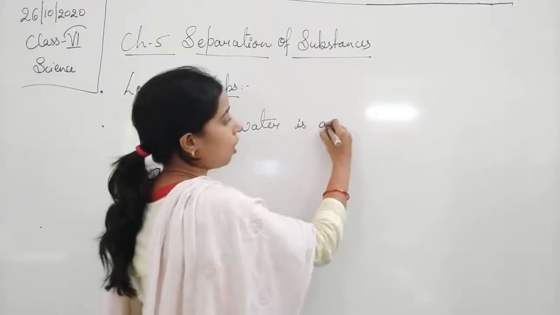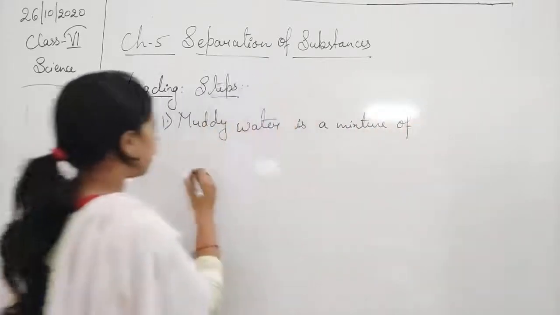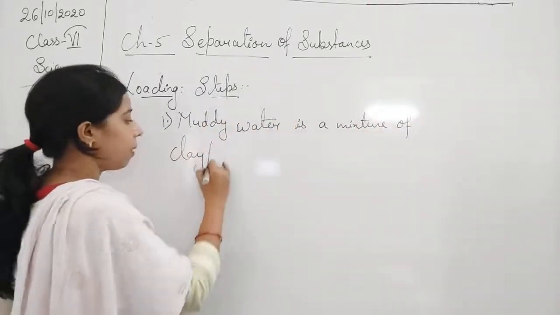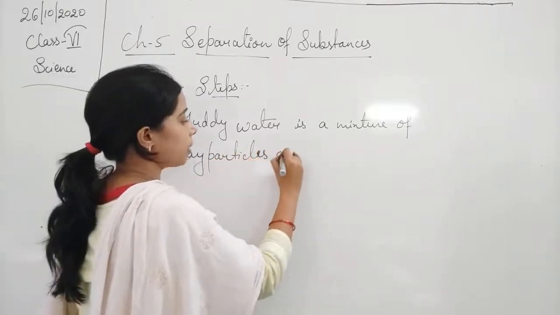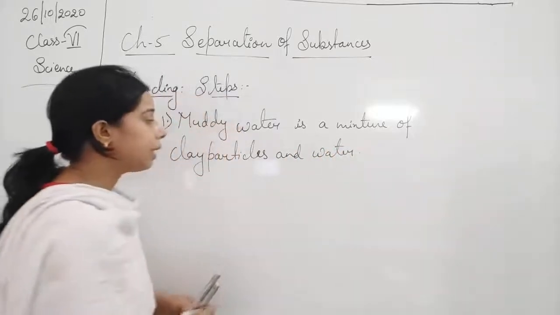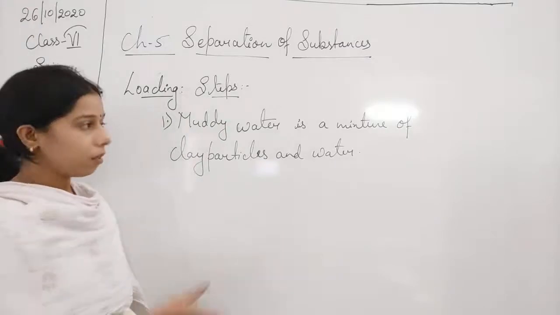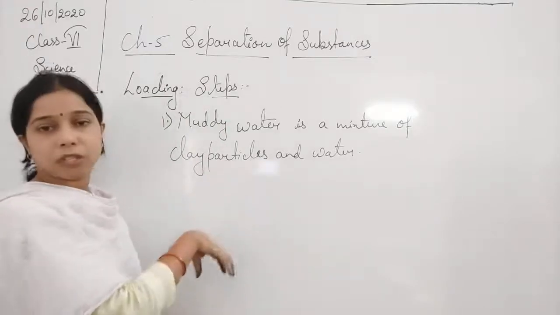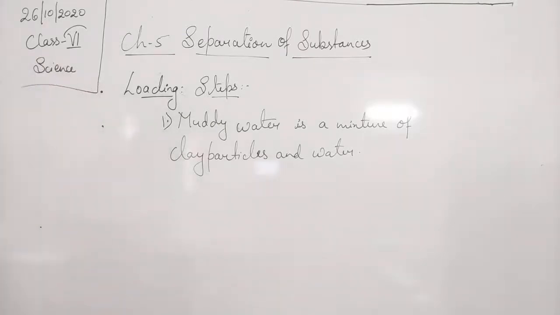Muddy water is a mixture of clay particles and water. Basically it is water consisting of mud in it, so it consists of clay and water.